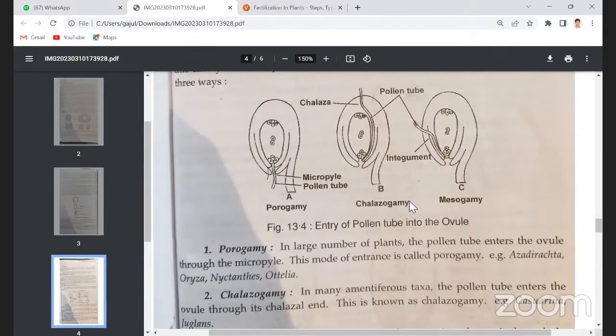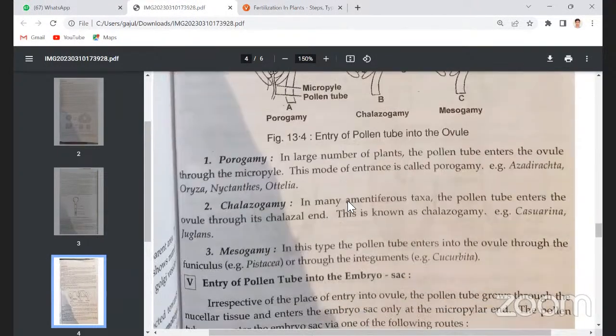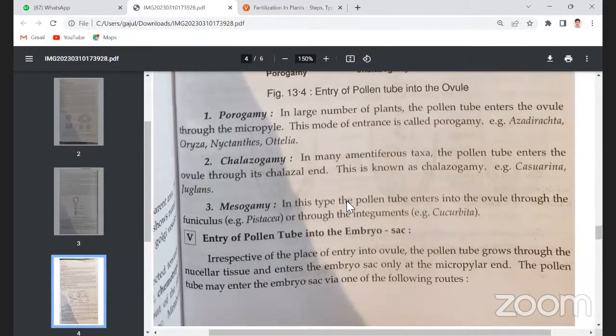This is called mesogamy. What is mesogamy? In this type, the pollen tube enters the ovule through the funiculus. Example is Pistacia. Through the integuments, example is Cucurbita.